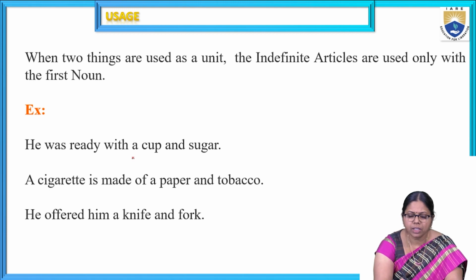So we used the article A only with cup. We didn't use the article A with the noun sugar, because we are thinking of cup and sugar together as a single unit. So when two things are used as a unit, the indefinite article only goes with the first noun.